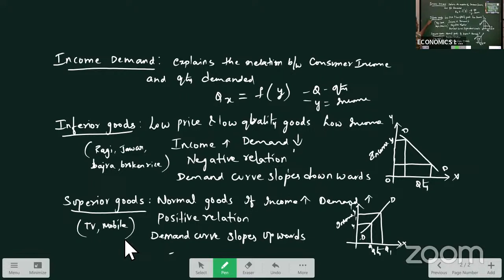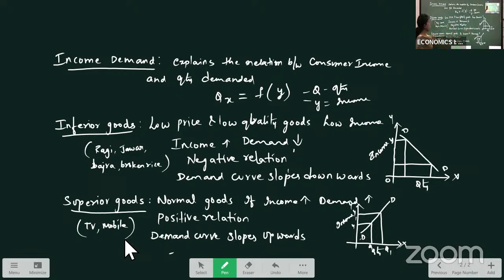What are inferior goods? Goods which are low priced or which are preferred mostly by people when their income levels are low. In this case, when income increases, demand decreases. So there is a negative relation between consumers' income and demand for inferior goods. When there is a negative relation, the demand curve slopes downwards.